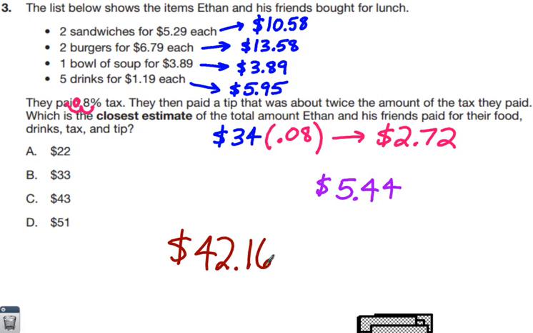So again, with these estimation questions, as long as you carefully read it and know about little things like percent, and my advice is don't do any rounding until the very end if you can help it. Considering that the tip was about twice the tax, I just had to consider doubling it.